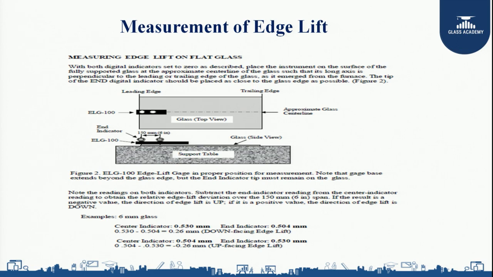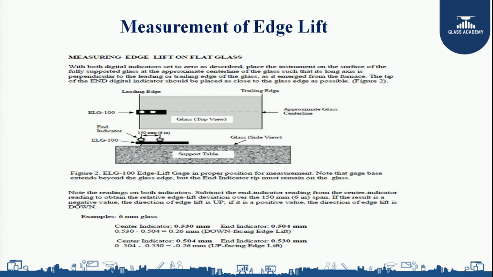With both dial gauge indicators set to 0 as described, place the instrument on the surface of the fully supported glass at the appropriate center line of the glass, such that its long axis is perpendicular to the leading or trailing edge of the glass as it emerged from the furnace. The tip of the end digital indicator should be placed as close to the edge as possible.